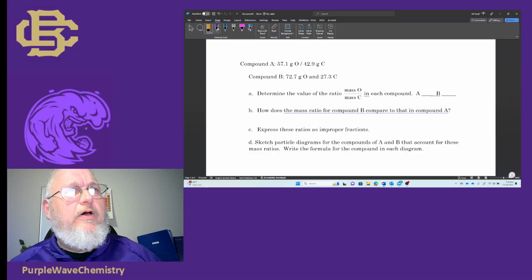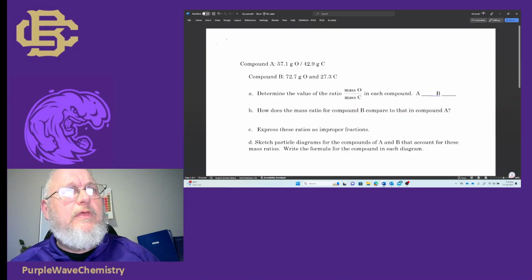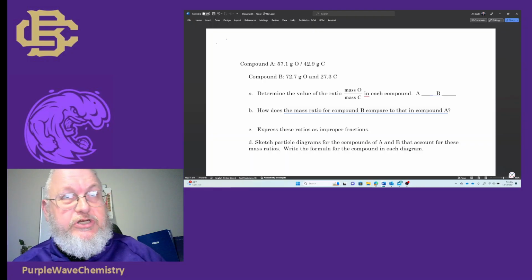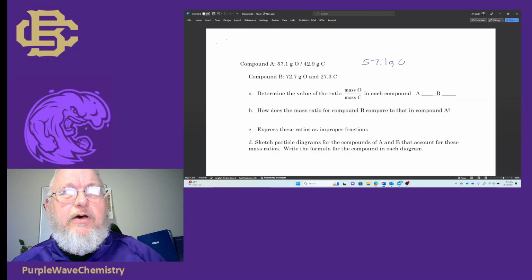Okay, so the first compound is 57.1 grams of oxygen and 42.9 grams of carbon. So we're going to find the mass ratio of the oxygen to the carbon. So 57.1 grams of O divided by 42.9 grams of carbon.